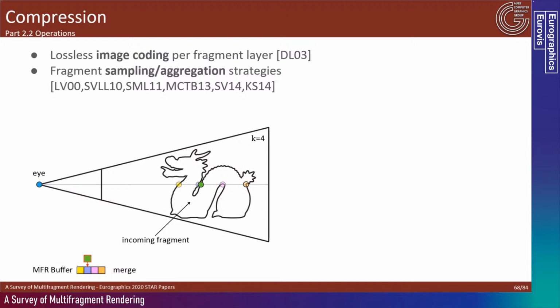One idea here is to perform compression on a per layer fashion, like this, using image coding schemes, where color and depth information for each layer are computed separately. Another idea is to perform compression on a per pixel basis, where streaming algorithms have been used to perform, for example, on the fly rejection or merging of incoming fragments.